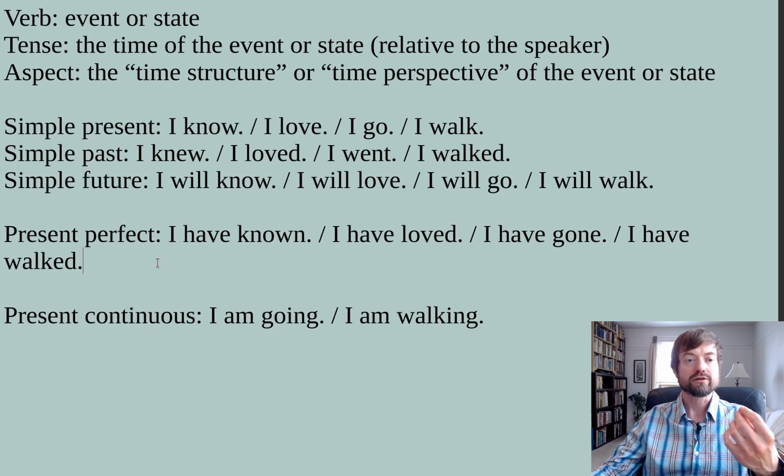But you can do the same thing, of course, with the past. Past perfect would be I had known. So this is now at some point in the past, relative to some point in the past, this thing had already been complete.